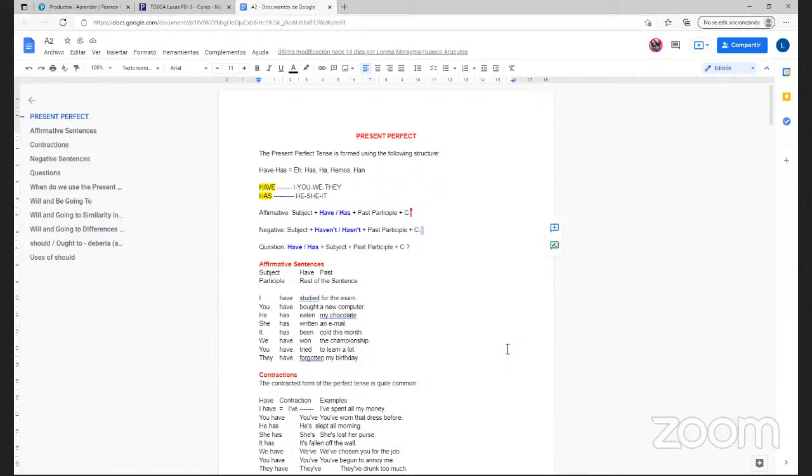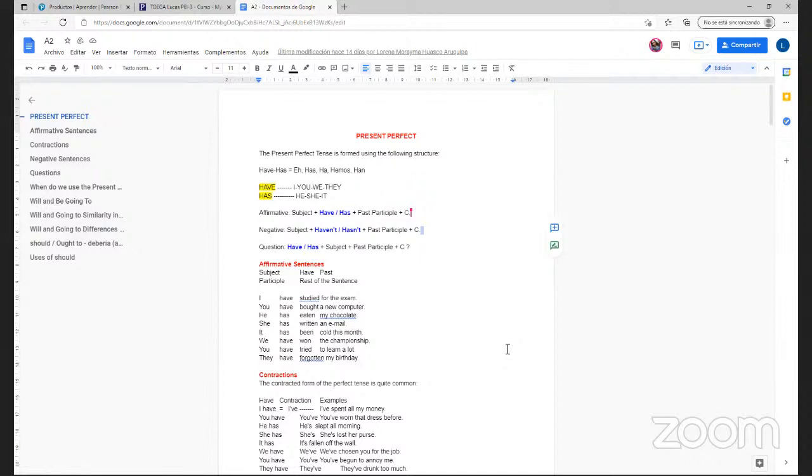In this case, we are not gonna use expressions that show past, for example, last year, and with ago, 2 days ago, yesterday, okay? We're not gonna use that because those expressions we only use in simple past. In present perfect, we can only use, for example, for or since.